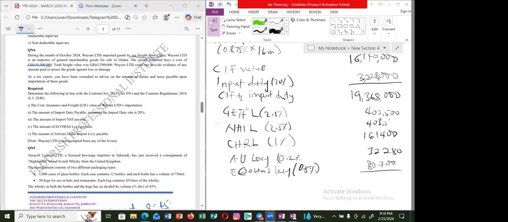Please, the ECOWAS levy, the AU levy, where do you get the percentage? The AU levy is 0.2% of CIF. ECOWAS is 0.5% of CIF. Okay, thank you.